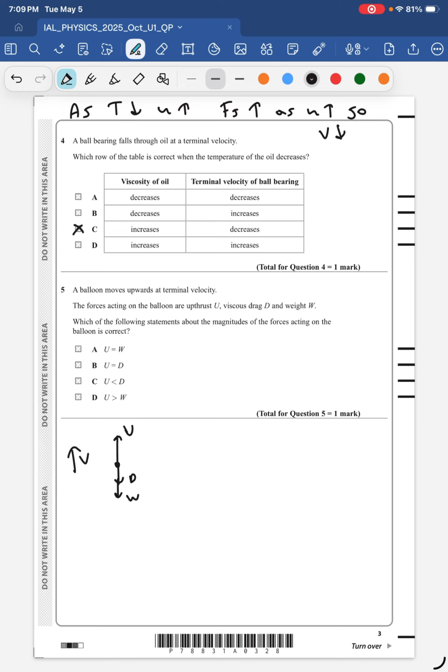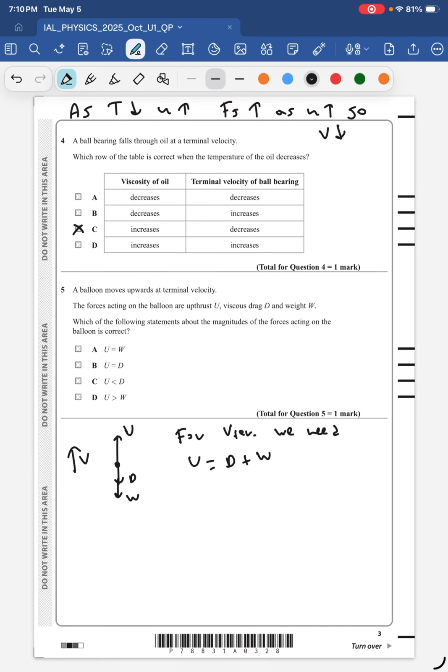Okay. So for terminal velocity, we need the upthrust to be equal to the drag plus the weight. Okay. So we can immediately eliminate options A and B, they are totally wrong. And then we are left with option C. If the upthrust was smaller than the drag, it will go down, right?